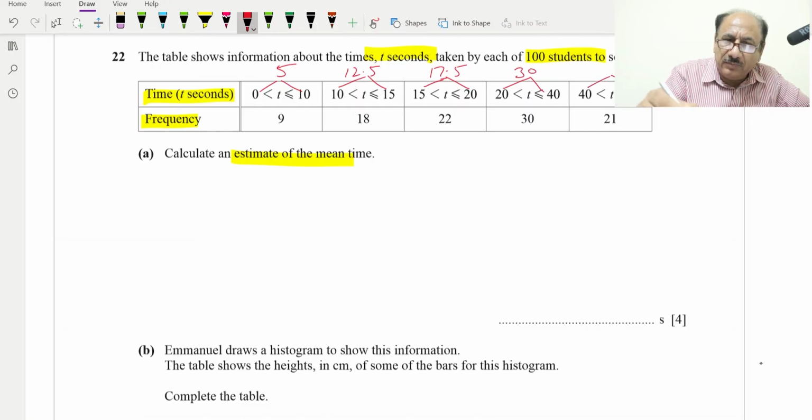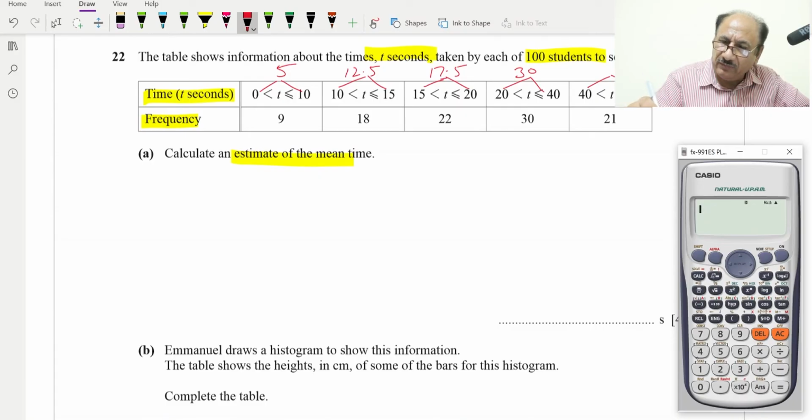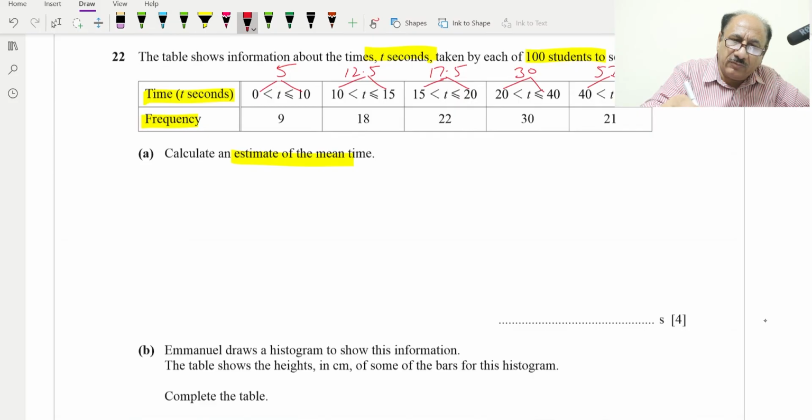For this one, we can calculate also: 40 plus 75 is equal to this, and divided by 2 will be equal to 57.5. Now after writing the mid values, we will be multiplying them. So we can write mean.